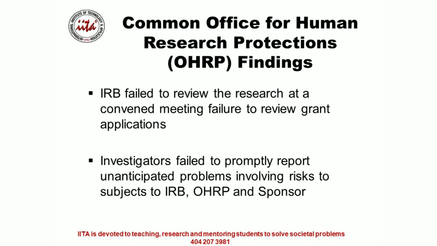IRB failed to review the research at a convened meeting or failure to review grant applications. Investigators failed to promptly report unanticipated problems involving risks to the subjects, to the IRB, OHRP, or the sponsor.